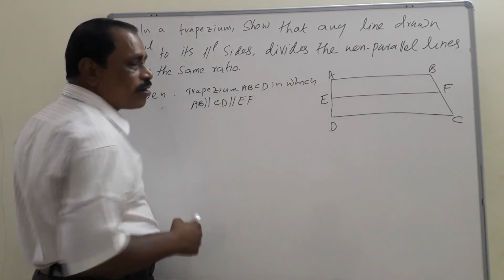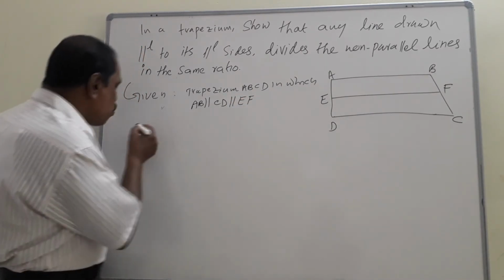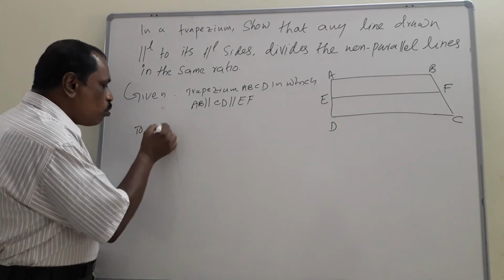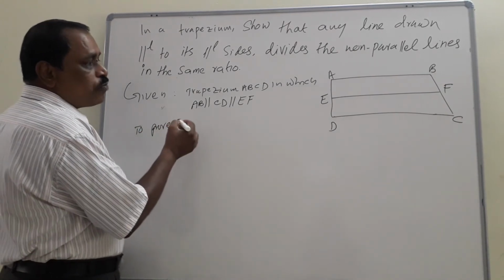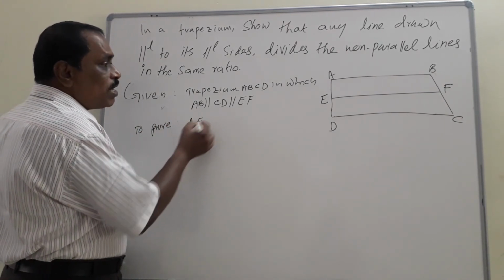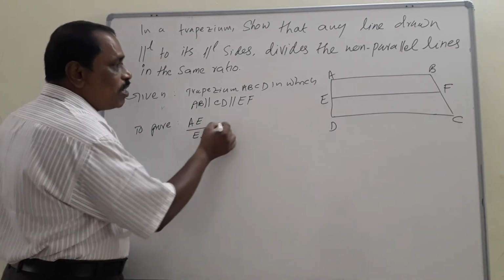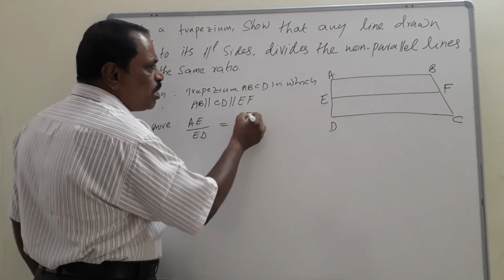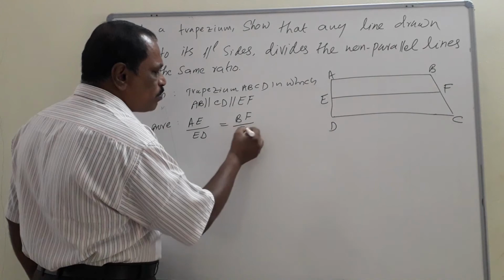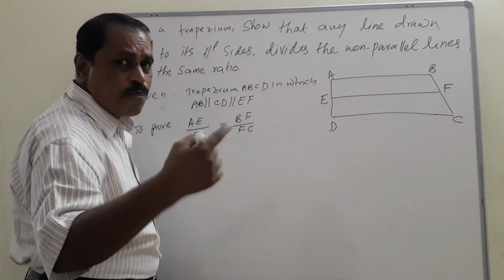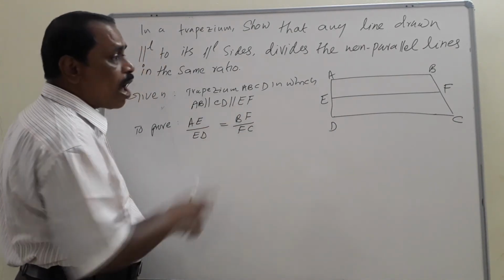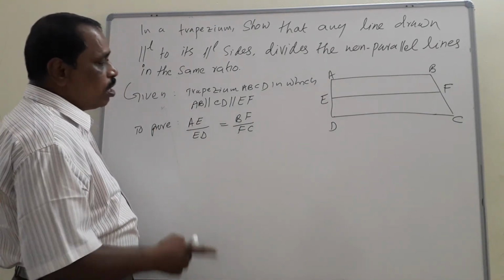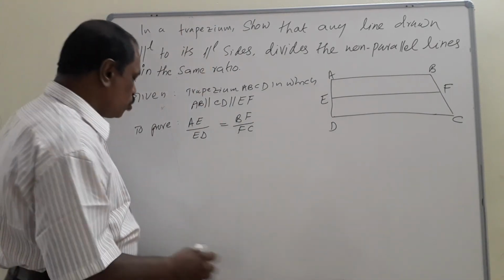This is only given. Then to prove, we have to prove that AE divided by ED is equal to BF divided by FC, that is, non-parallel sides of the trapezium are also divided in the same ratio.